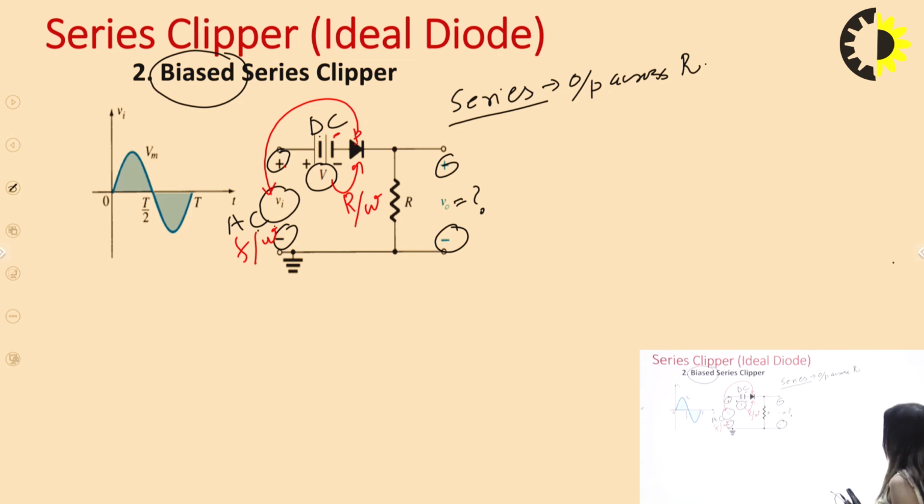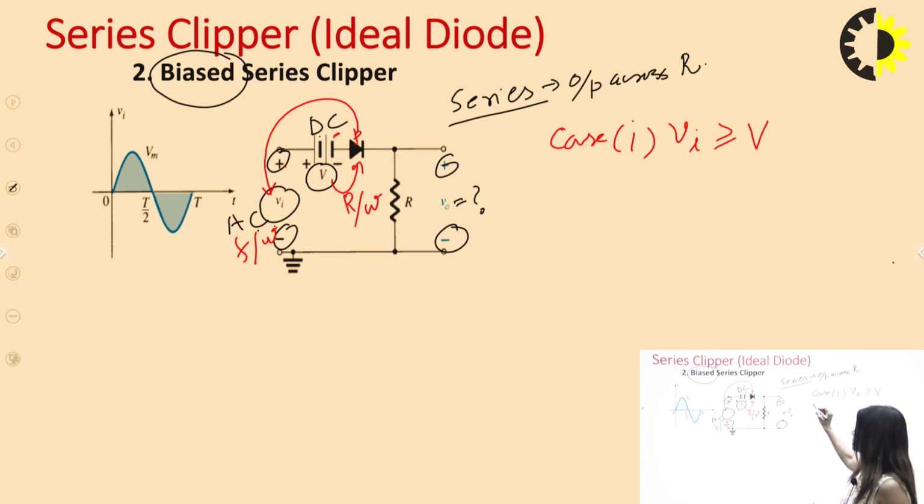Now we will make the cases. Whenever we are doing the numerical, we need to write case 1 and case 2. Case 1: when Vi is greater than or equal to V, that means the diode is forward biased.